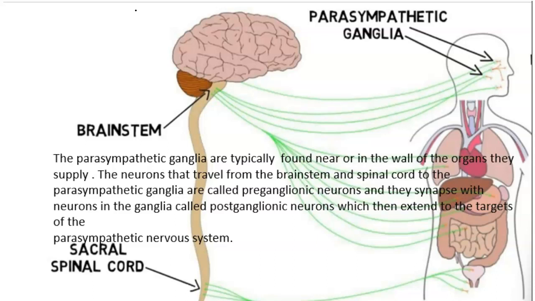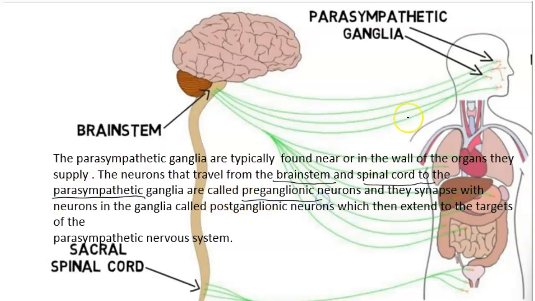They supply the organs. The neurons that travel from the brainstem and spinal cord to the parasympathetic ganglia are called preganglionic neurons. So friends, you see the preganglionic neurons travel from the brainstem and spinal cord to the parasympathetic ganglia.